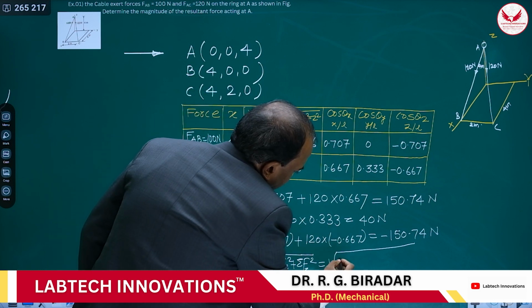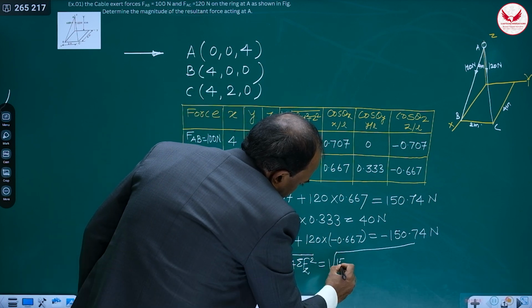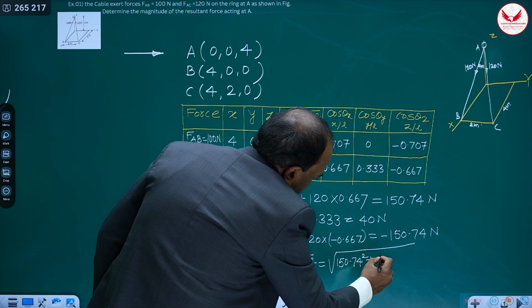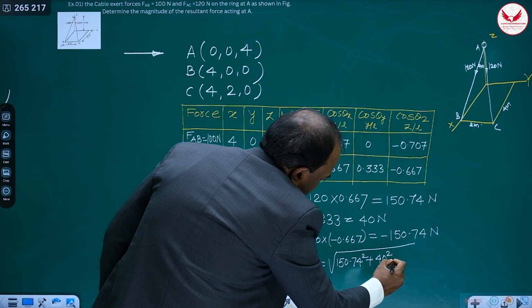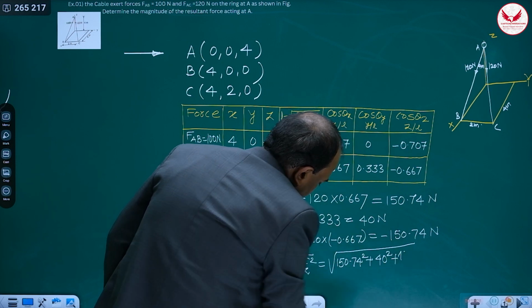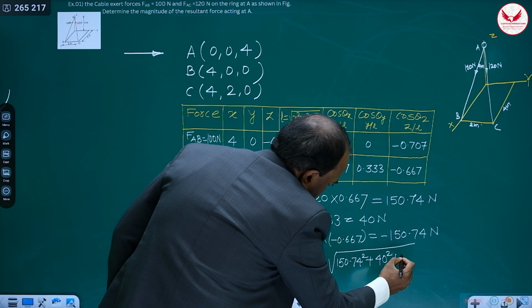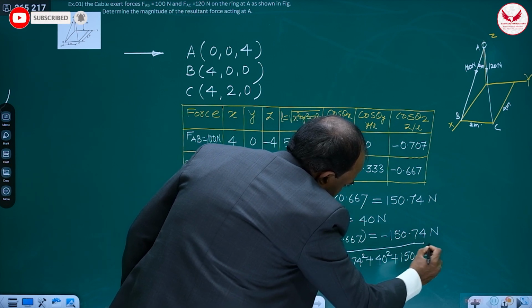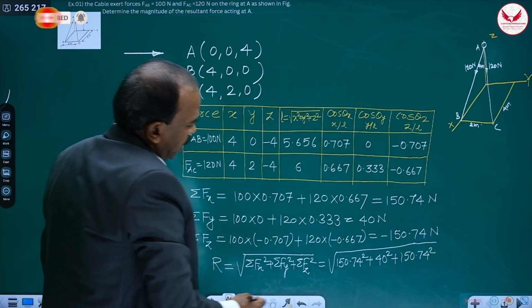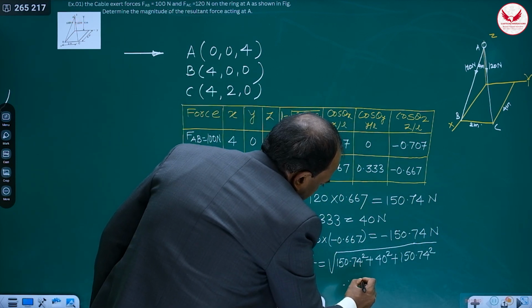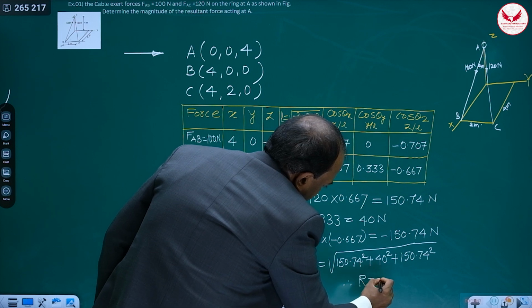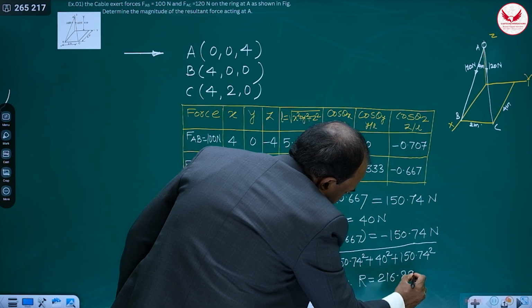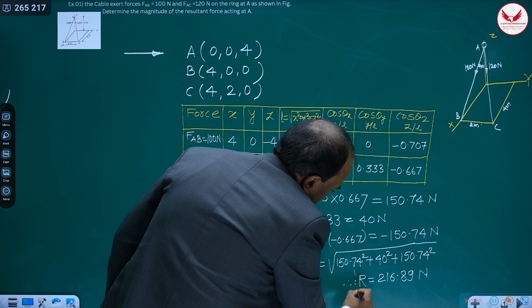It is going to be 150.74 square plus 40 square plus 150.74 square. And if you make these calculations, we'll get the magnitude of the resultant equal to 216.89 Newton. So this is the answer.